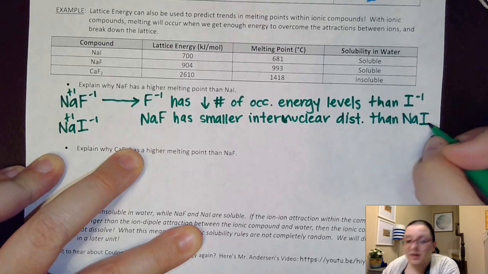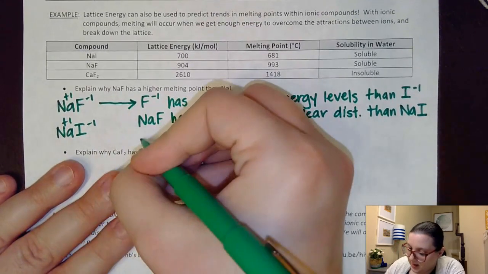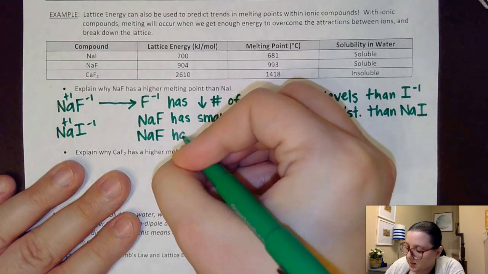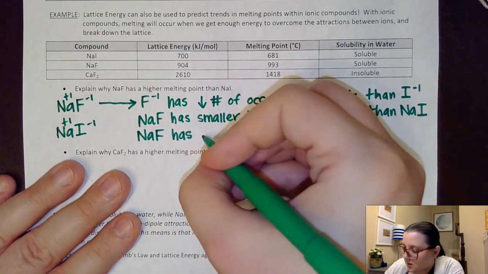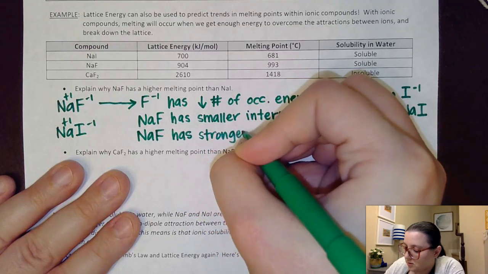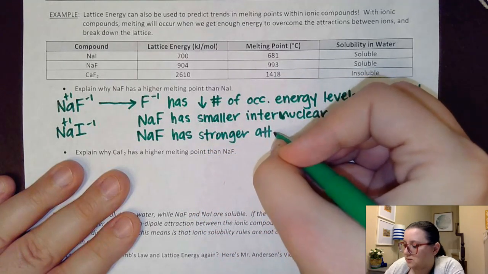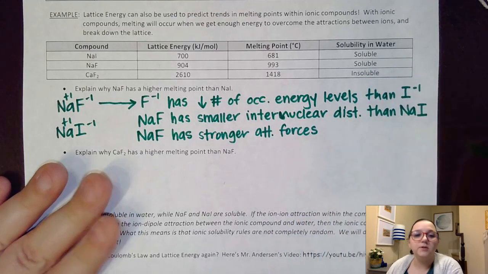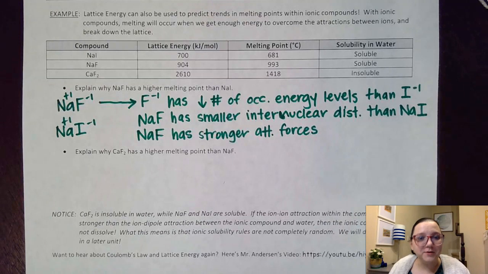And if that's the case, then NaF has stronger attractive forces, which is why we have the higher melting point.